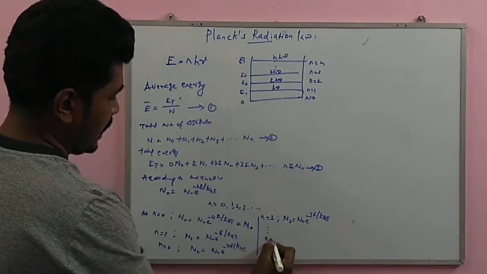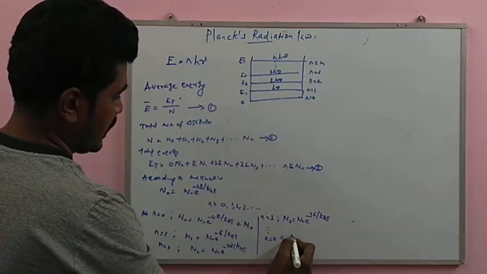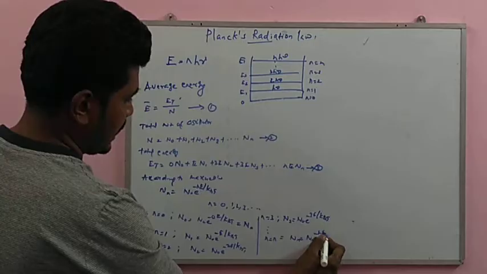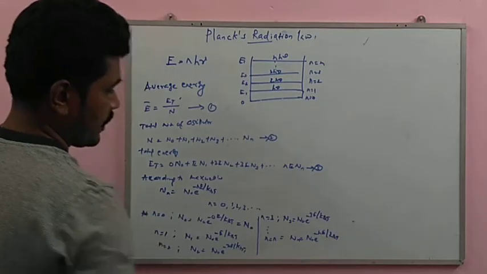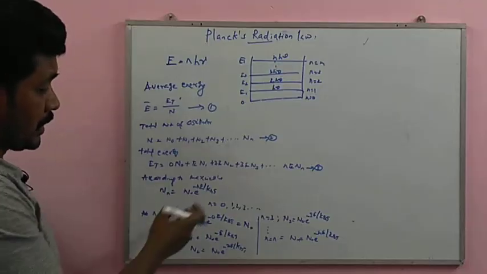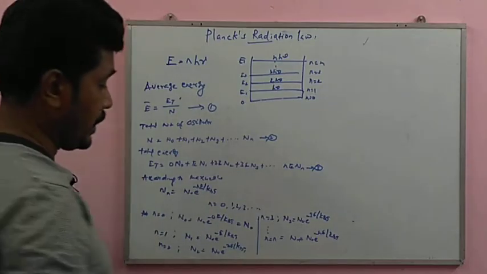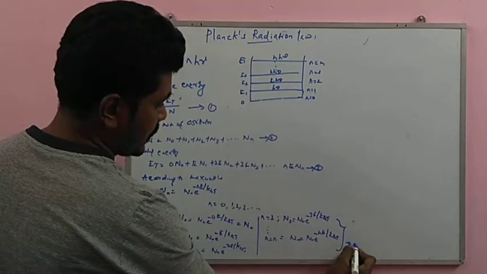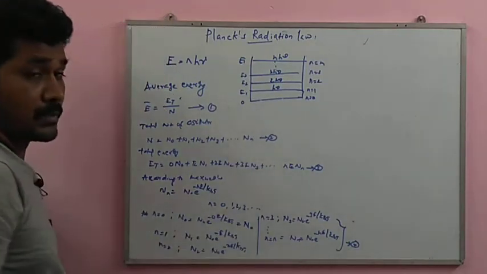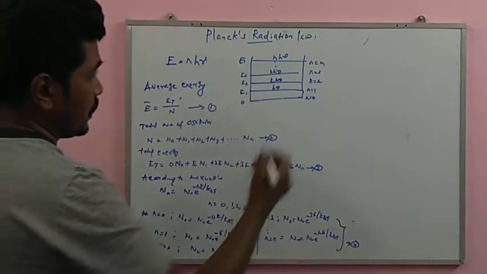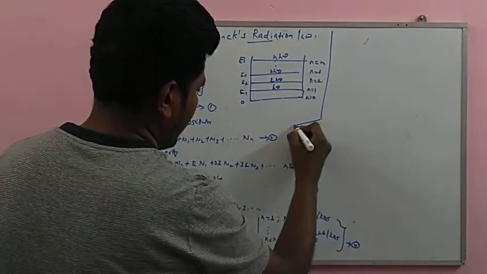Finally, n equal to n: Nn is equal to N0 e power minus nE by kBT, for n equal to 0, 1, 2, 3, etc. This is equation number 4.